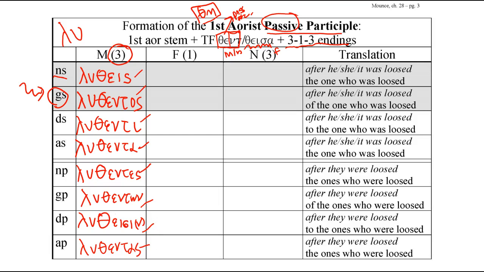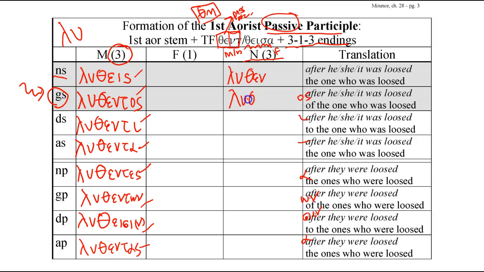And the neuter form is going to look very similar to the masculine, except for the nominative and accusative singular and plural endings, because it uses nothing, os, i, nothing, a, on, si or sin, a. And so you have lu plus thent, and when you add nothing to it, what happens is the tau drops, and the final form is luthen.